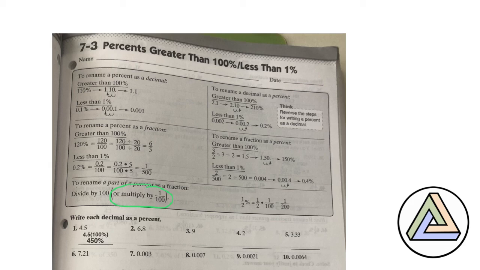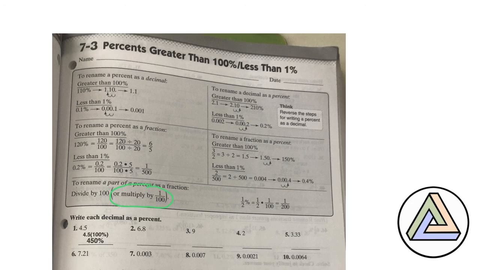Okay, now let's look at an example real quick. If you have 1/2%, so if the percent itself is a fraction, you just multiply it by 1 over 100, and then you're good. So you have 1 over 200. So that's how you rename a part of a percent as a fraction.